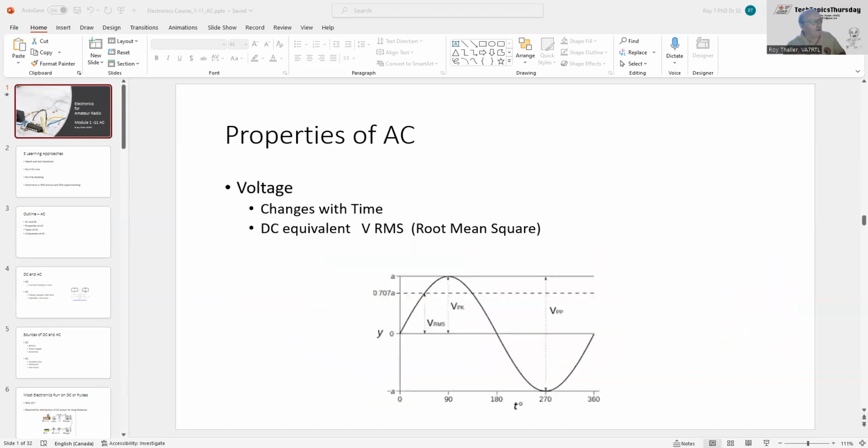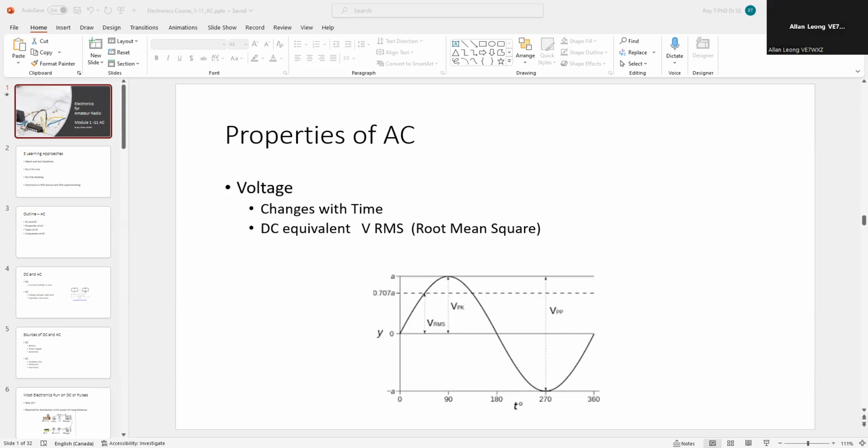The other thing is that the voltage is different, and since it changes with time, you need to have some sort of equivalent to DC. If you look at the voltage on an oscilloscope, you get voltage peak to peak. If you divide that by 2, you get voltage peak.